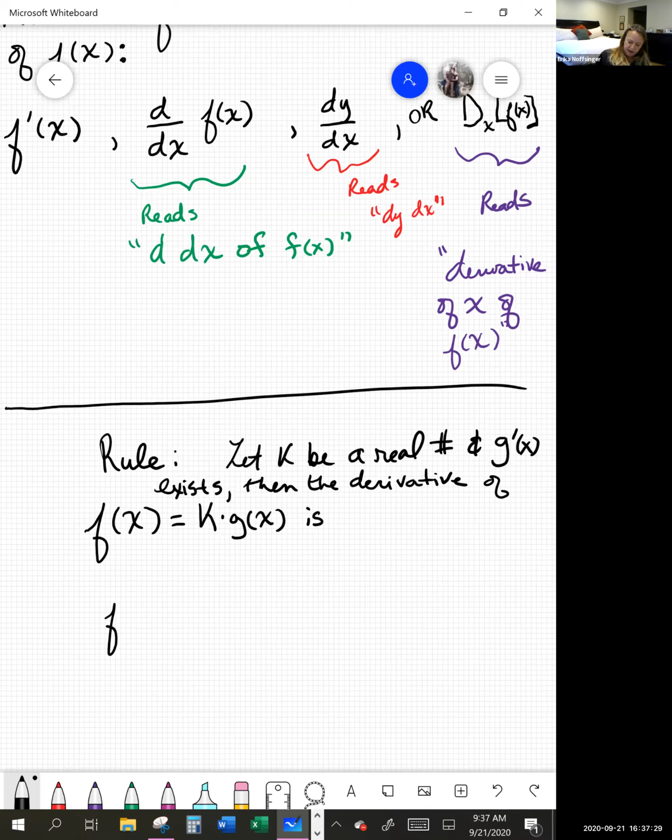So f prime of x is equal to k times g prime of x.